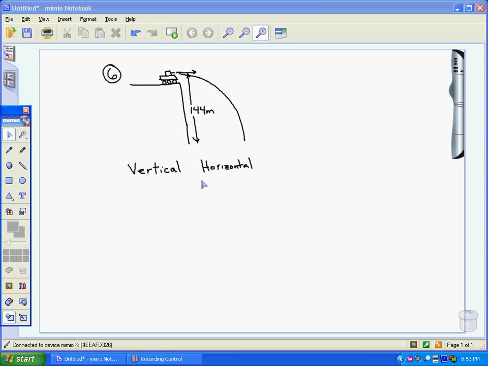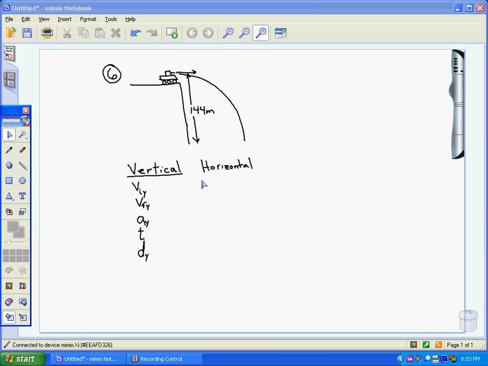And in the vertical, remember we have VI, Y, VF, Y. We have A, T, and D. And this is AY and DY.